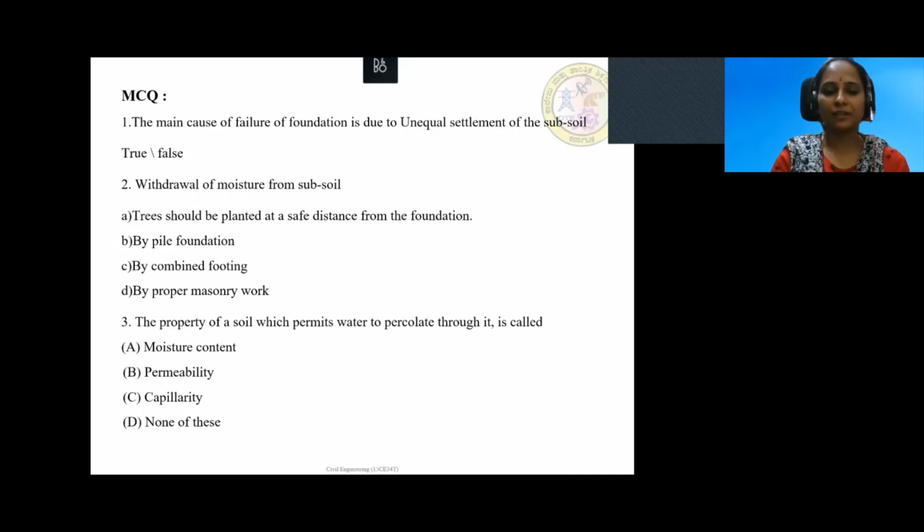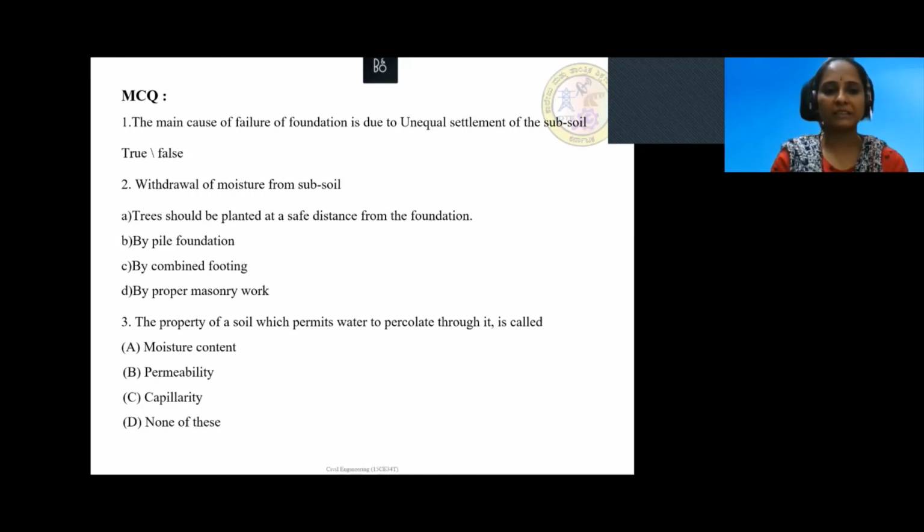Okay. The answer for this question is option A. Trees should be planted at a safe distance from the foundation. Right? Otherwise, what will happen? Roots of the trees will absorb the moisture from the subsoil.